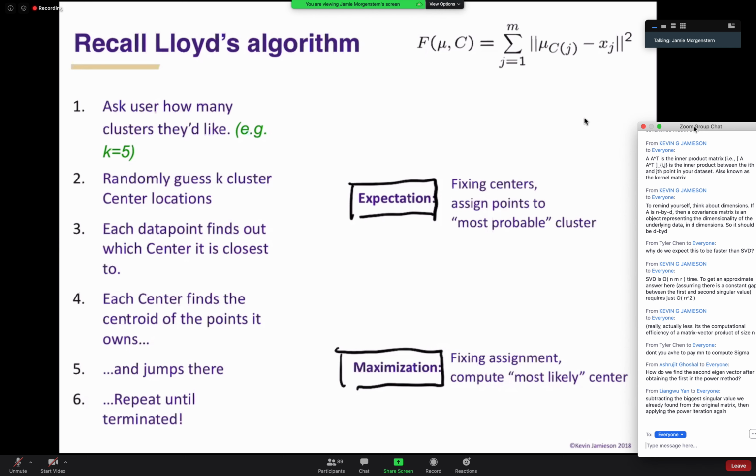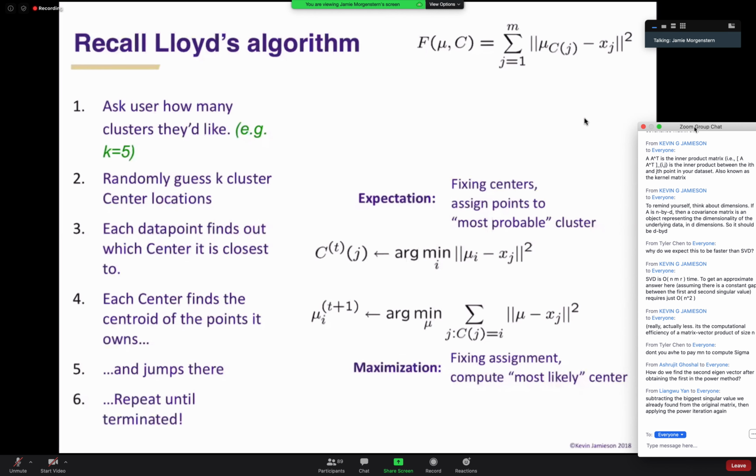But that's usually computationally expensive. So instead, you can first guess some values for the parameters and then fill in your missing data based on those parameters, or the other direction: first guess the missing data and then compute the maximum likelihood estimators of your parameters, and go back and forth. That's what's called expectation maximization.